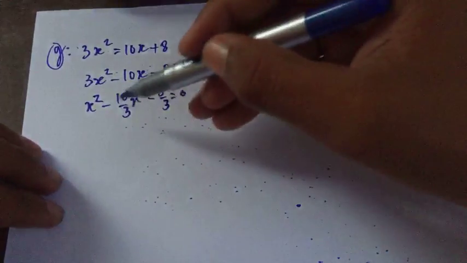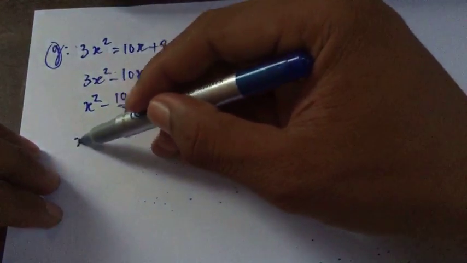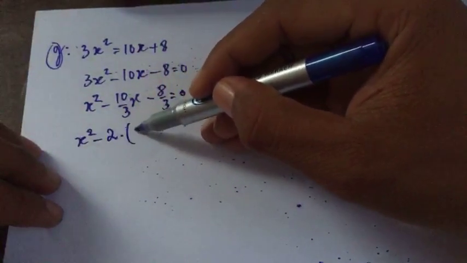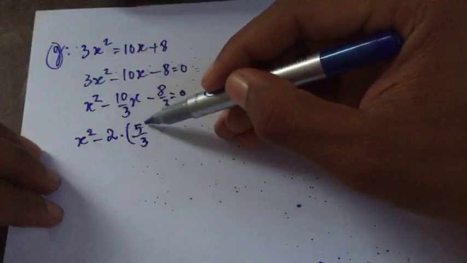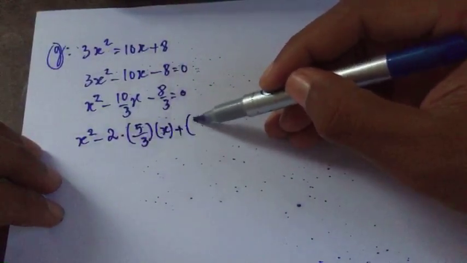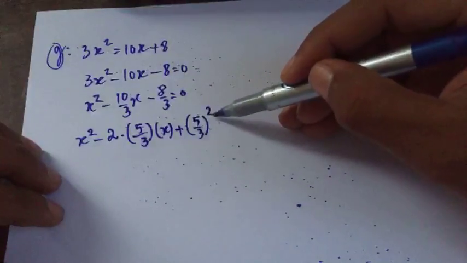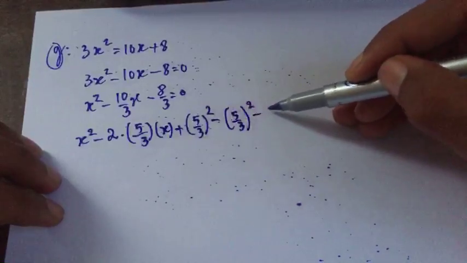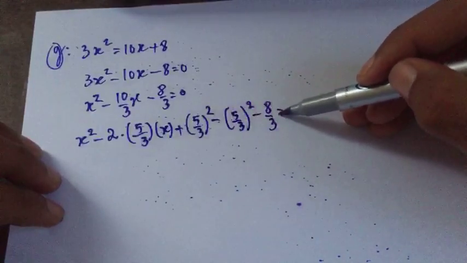Okay. Then we can find that x squared we factorize, we take minus 2, then 5 divided by 3, and then x. So it will be 5 divided by 3 minus 5 divided by 3 square minus 8 divided by 3 equal to 0.